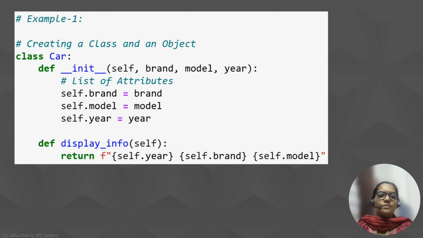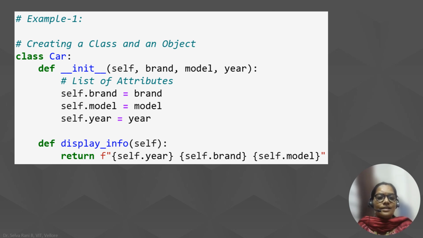And all those parameters or attributes are given to the constructor __init__, and __init__ should have self as the initial parameter. So the list of attributes for this particular class can be assigned to self.brand, self.model and self.year.